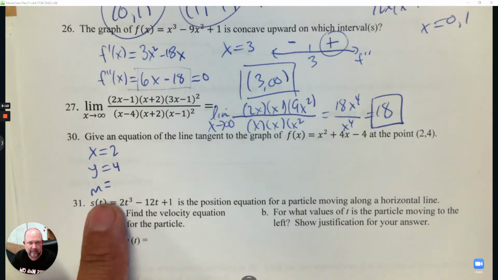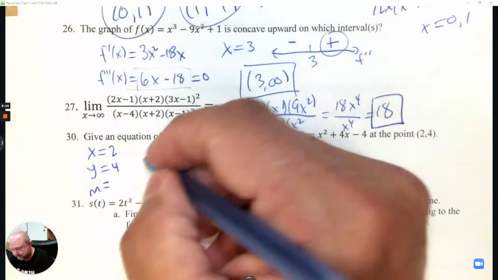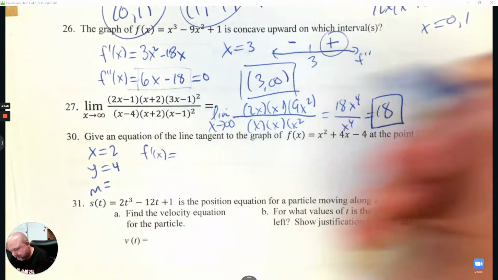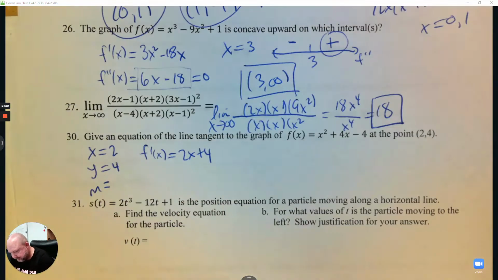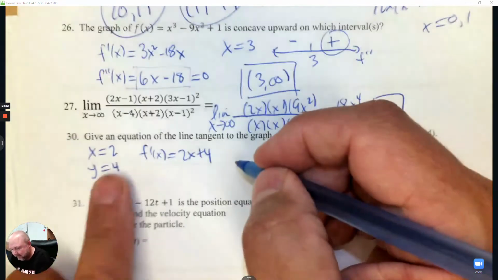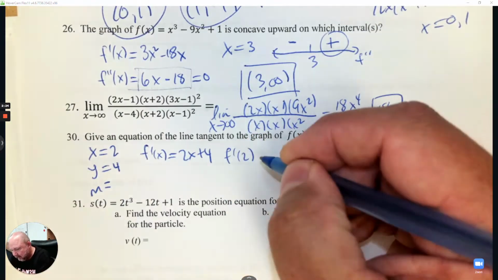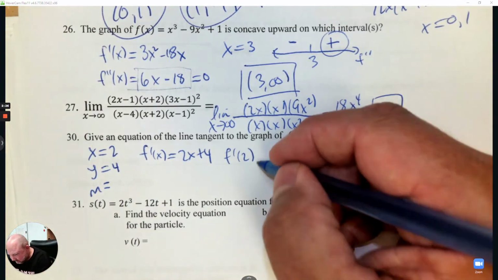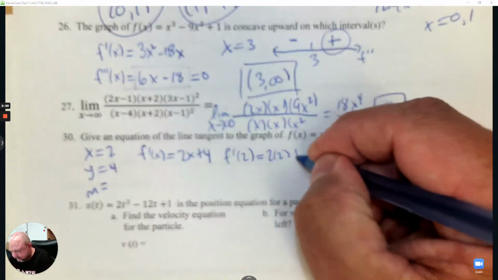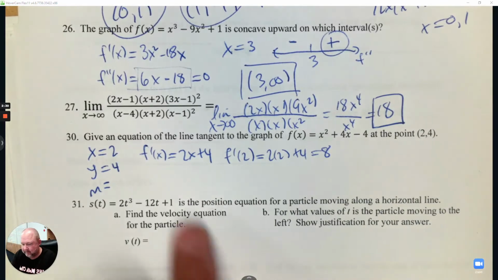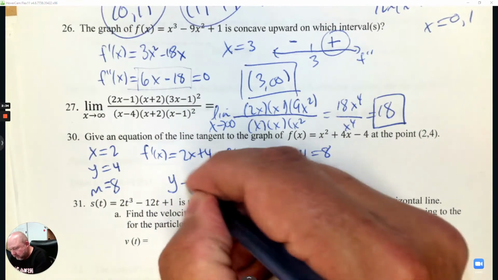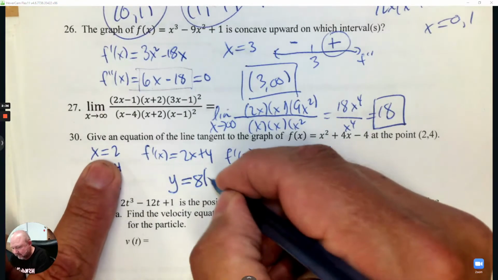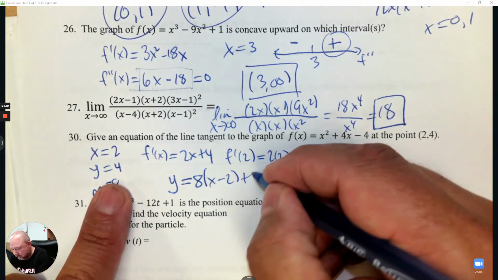The slope is found by taking the derivative and then plugging in the x value. All right, I'm going to get over this. So that answers 8. So then we write the equation y equals 8 times x minus 2 plus 4.